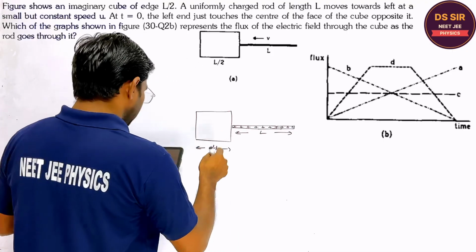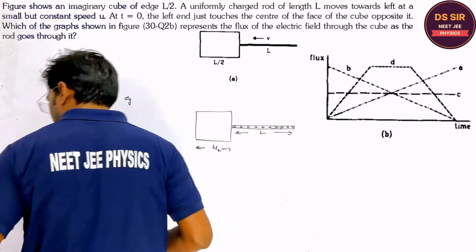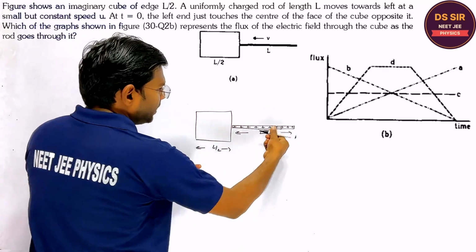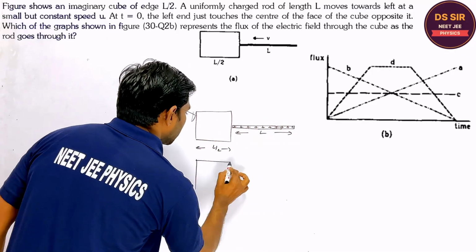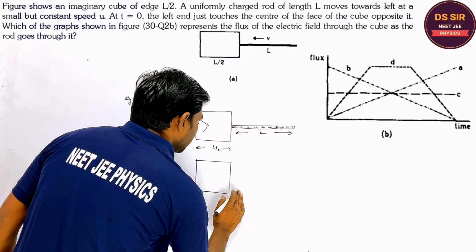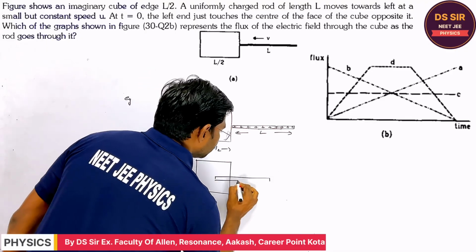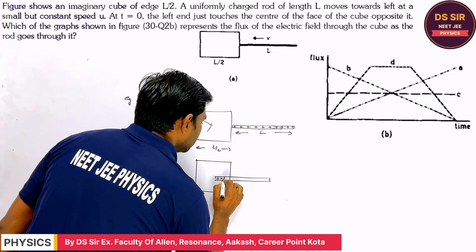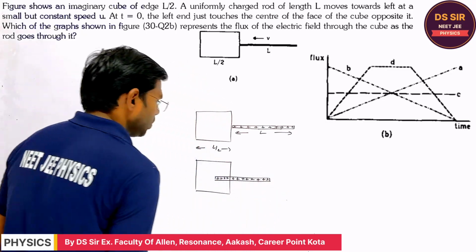Listen one thing. The flux through the cube as the rod goes in. When the rod is moving towards the left, what is happening, you tell? After some time, some portion of the rod will have entered. Is it clear or not, you tell? And some portion will be out of the box.